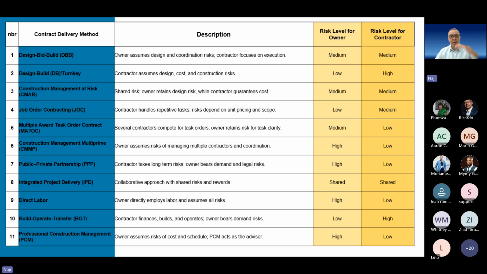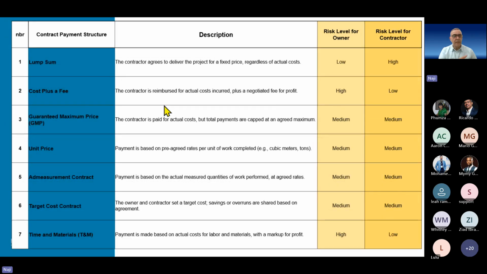If not, you're at the highest level of risk. Again, the contract payment. Which one is best for you? It depends. If you pay the contract as a lump sum, you're at a lower level of risk. You already agreed to pay that much. The contractor in this concept bears the highest risk.